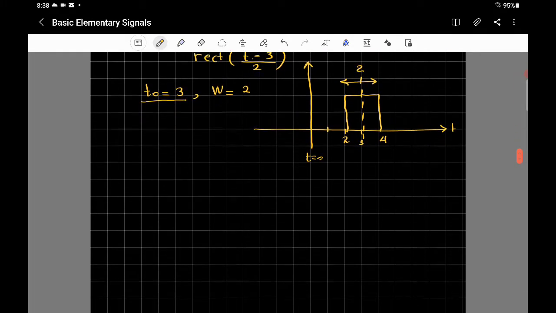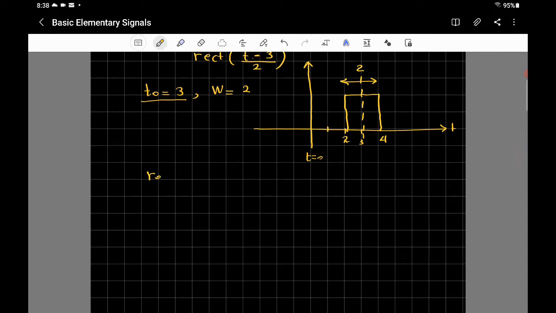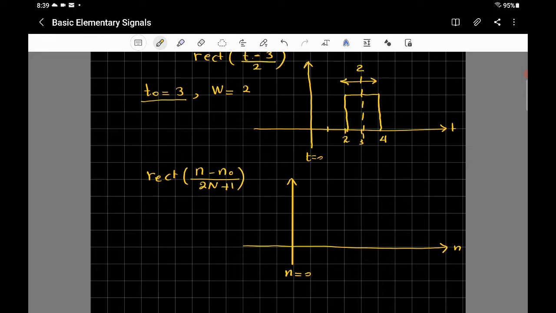Great. How can we do that in discrete? Okay, in discrete, it's written like that: rect of (n minus n naught) divided by 2N plus 1. So the axis will be n, and that's the vertical axis at n equals 0. Let's take, for example, that n naught is equal to 5.